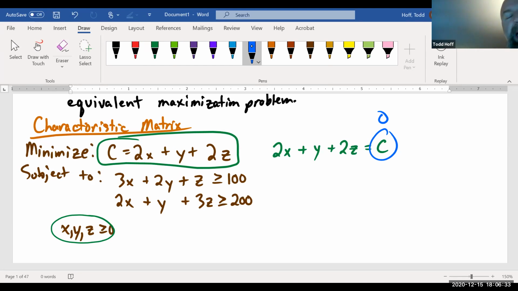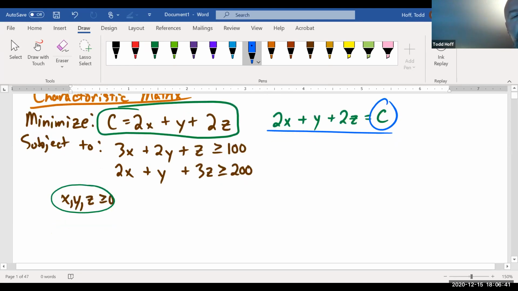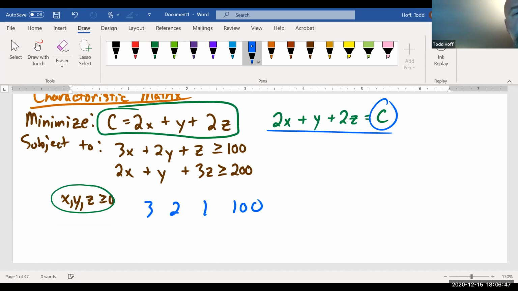We're going to put the constraints then at the top of our characteristic matrix. The objective function is going to be last. So at the top of our matrix, we have 3, 2, 1, and 100. That's just the coefficients from this first constraint. Remember, that's a 1z, and the answer, of course, in there as well.